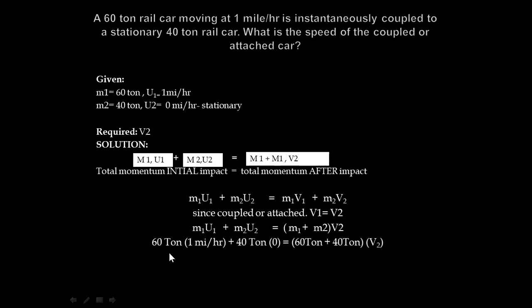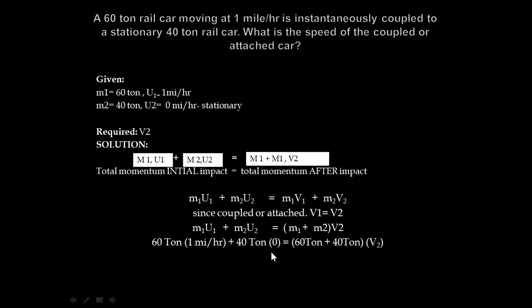If we plug in the values, for m1, it is 60 tons multiplied with its initial velocity, 1 mile per hour, plus m2 at 40 tons multiplied with its corresponding velocity, which is stationary at 0. After the coupling, this is equal to the mass of both rail cars, 60 plus 40 tons, multiplied with its single velocity after the impact or after the attachment, v2.